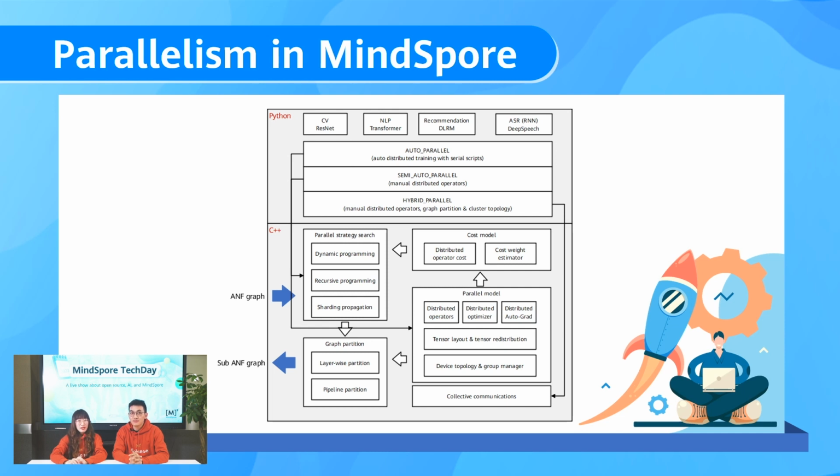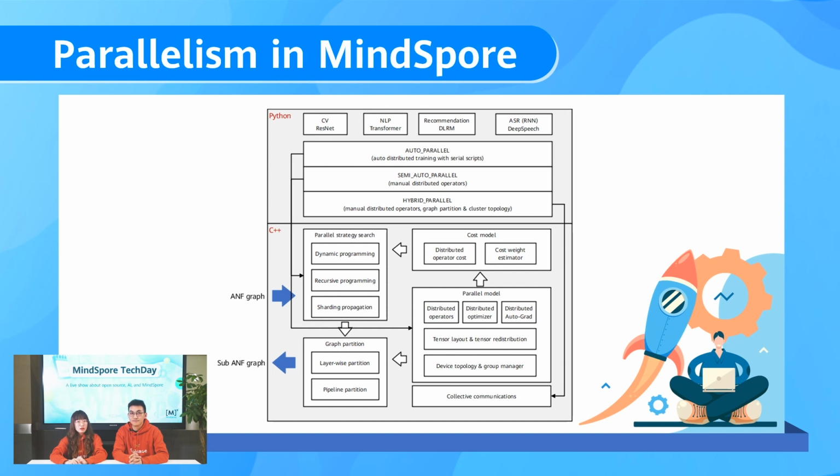Judging by its name, I assume this algorithm propagates parallel strategies from operators with configured strategies to those without. Exactly. When strategies are propagated, the algorithm strives to choose strategies that result in minimal tensor redistribution costs.